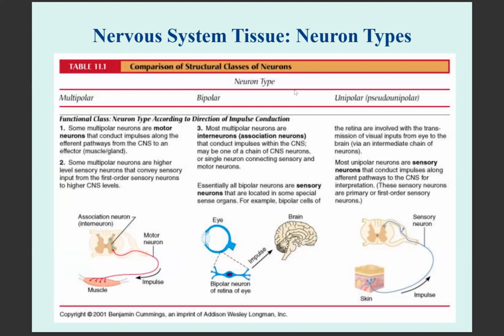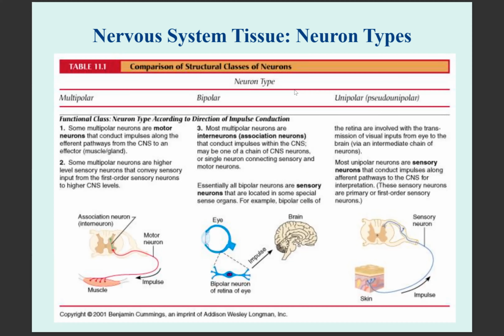So this is just to tell us the differences, the comparison between the types based on polarity. Usually the multipolar neurons are motor in function, while the bipolar and the unipolar are usually sensory neurons.